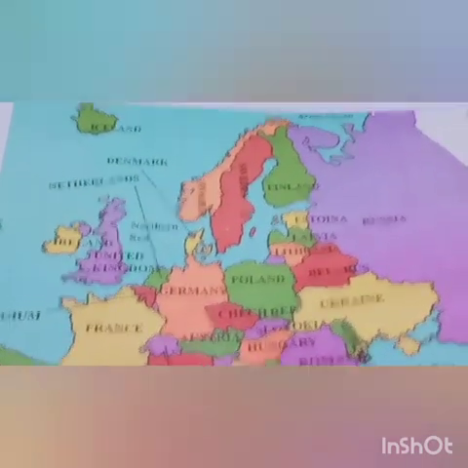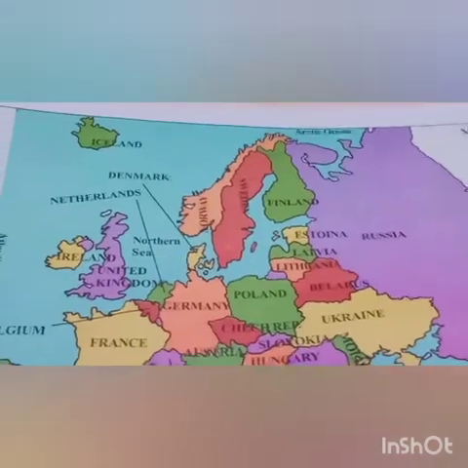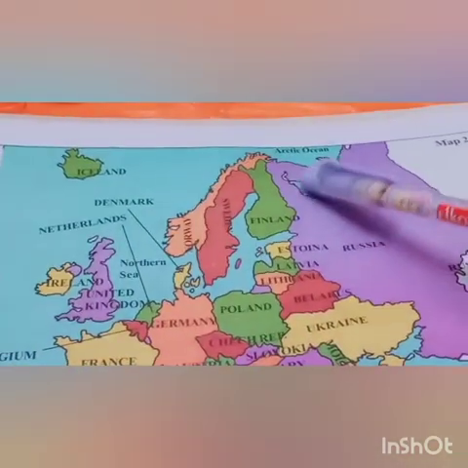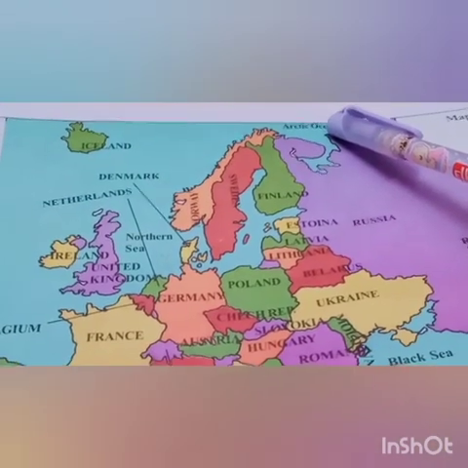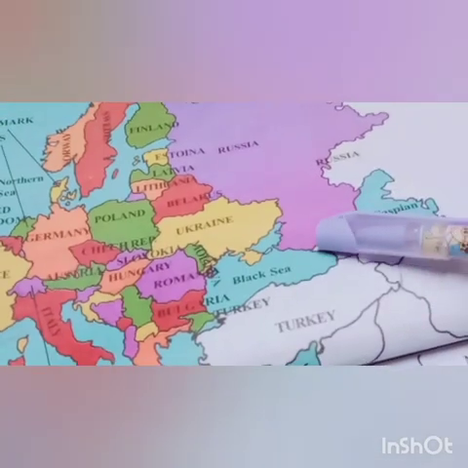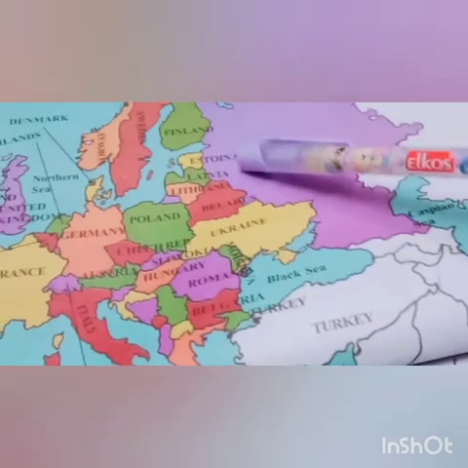And if you move on to the political map of Europe, see the Arctic Ocean on the northern side, the Atlantic Ocean on the western side, the Mediterranean Sea on the southern side, and here on the eastern side we have the Ural Mountains.